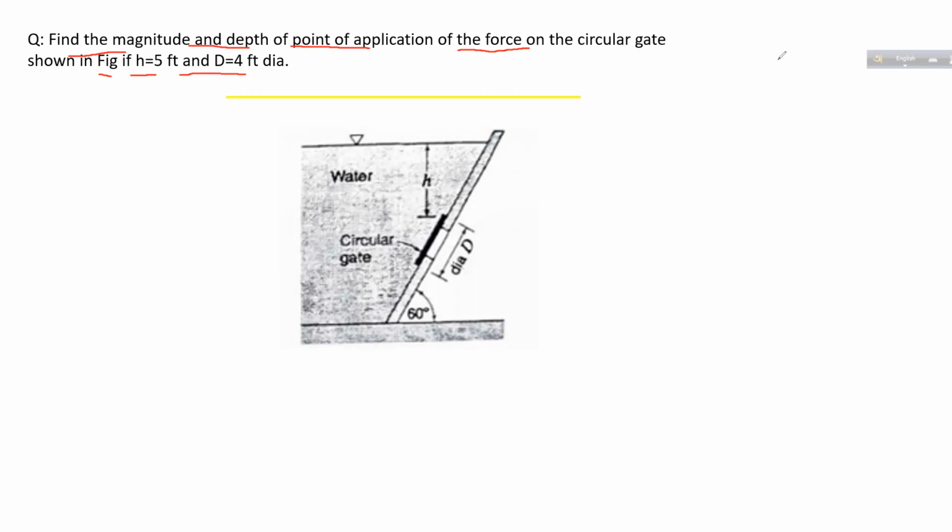If you look at this figure, here you can see that this is water. It is the water surface here, and h is the vertical distance from the water surface to the top of this circular gate, which is 5 feet. This is our circular gate, and the diameter of the circular gate is 4 feet.